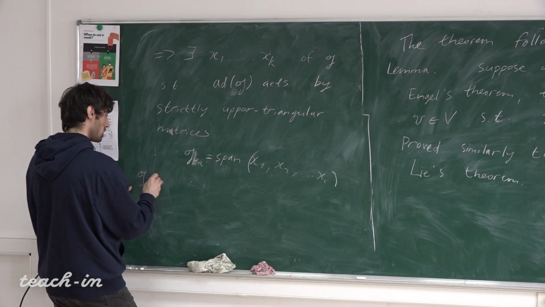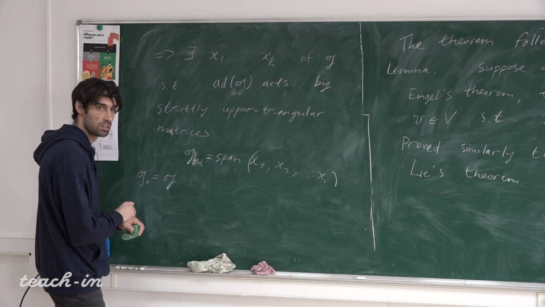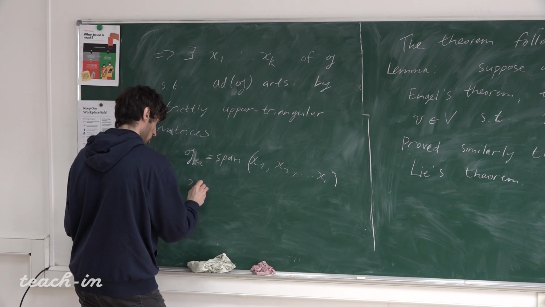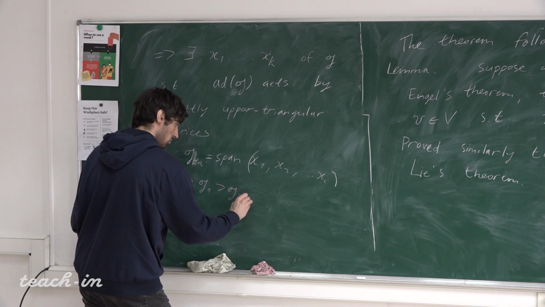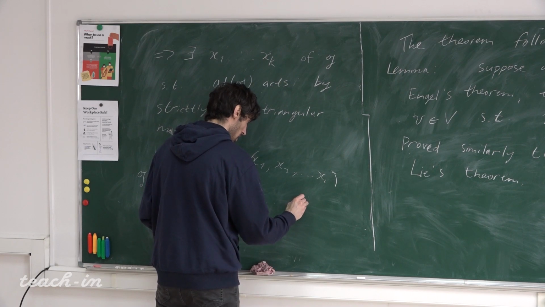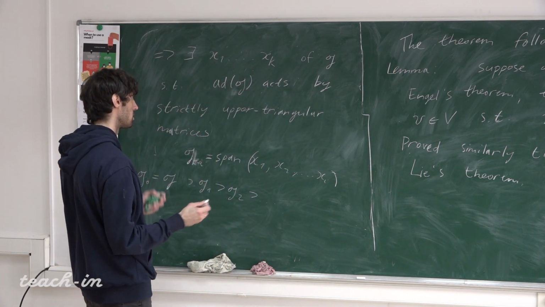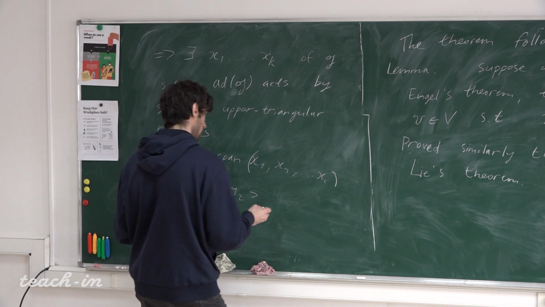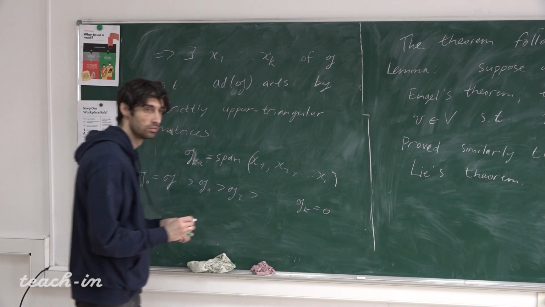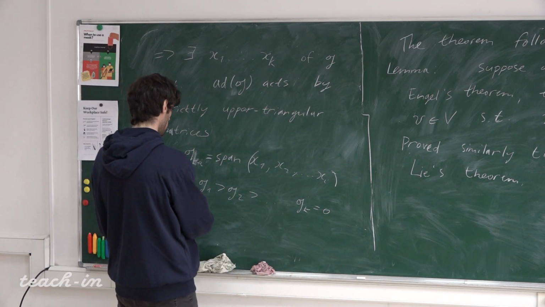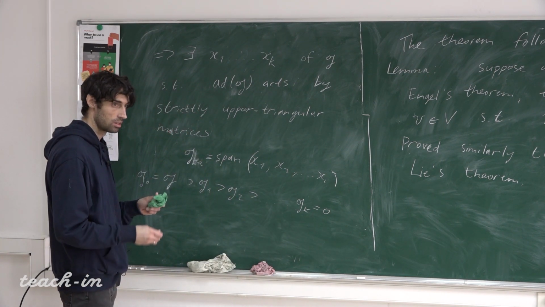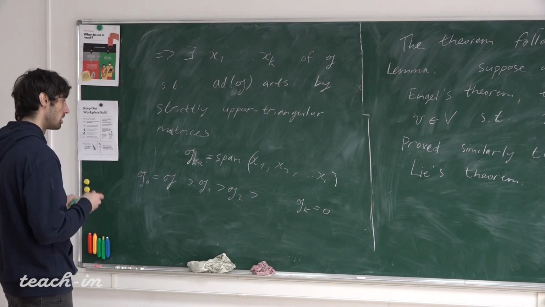Then g_0 is g itself, then inside I have g_1, and then g_2, and so on, and g_k is just 0. So all these things are ideals.